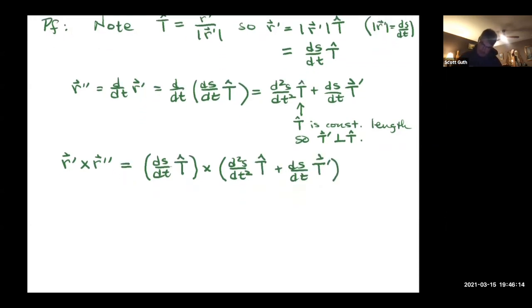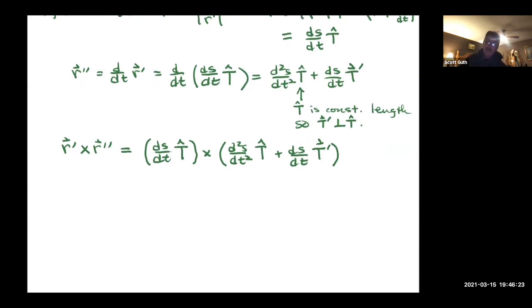Now, there are no derivatives left. The derivatives are done. So this is just distributing, and cross products do have a distributive property.